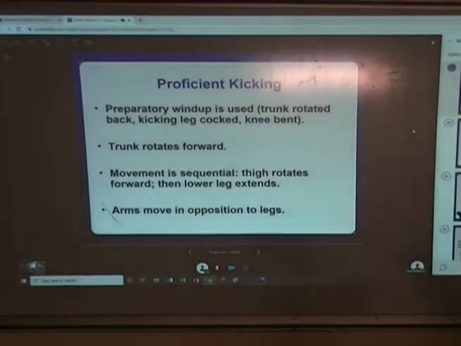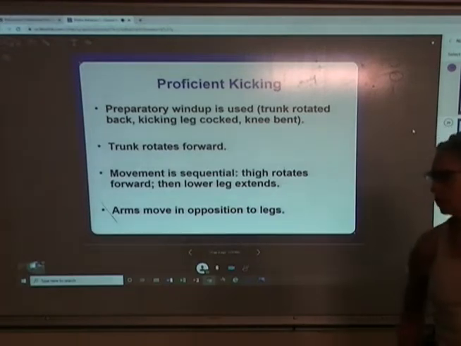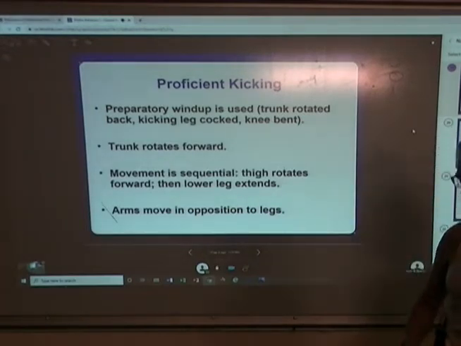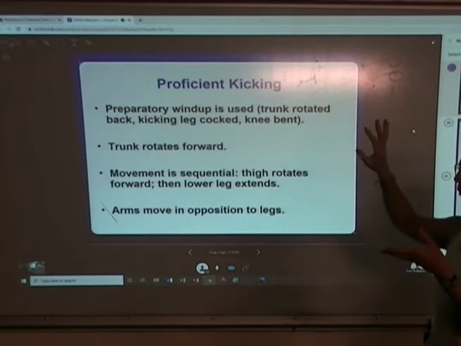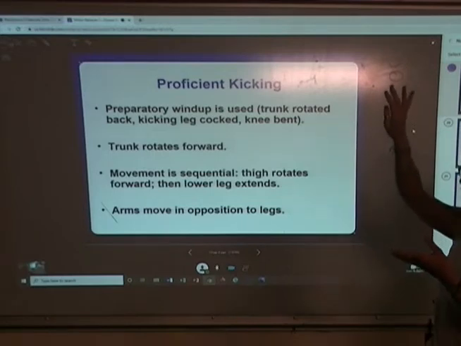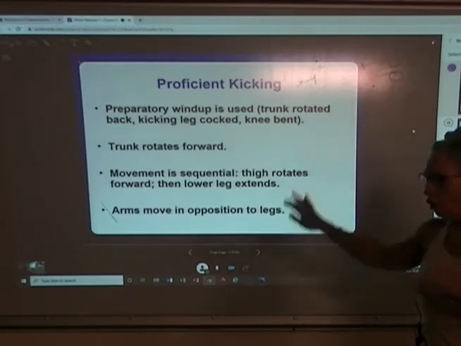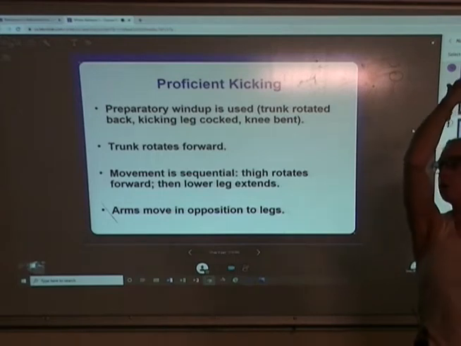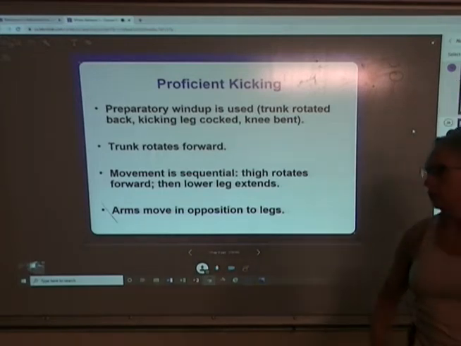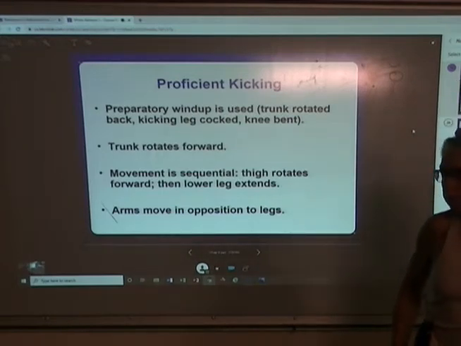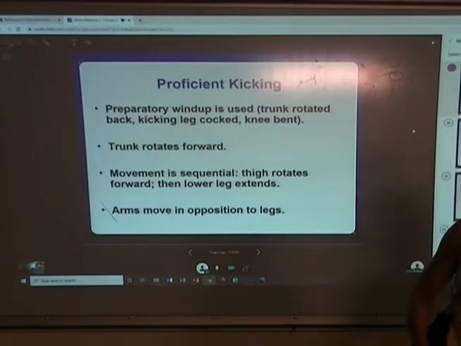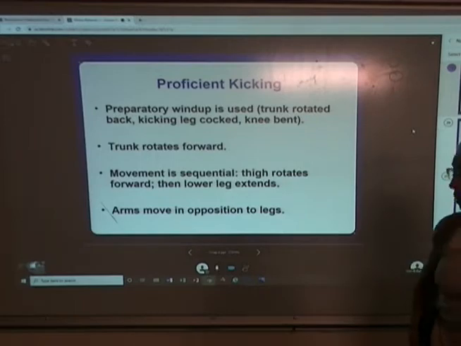So proficient kicking, again we want some trunk rotation, but we're also looking at what is that kicking leg doing. All right, if you remember in chapter 3, we said we want a long swing in, right? So we want that foot way back, bent, lots of hip extension, right?